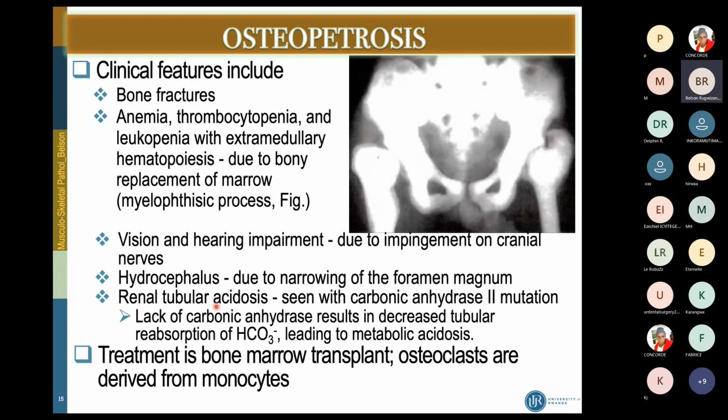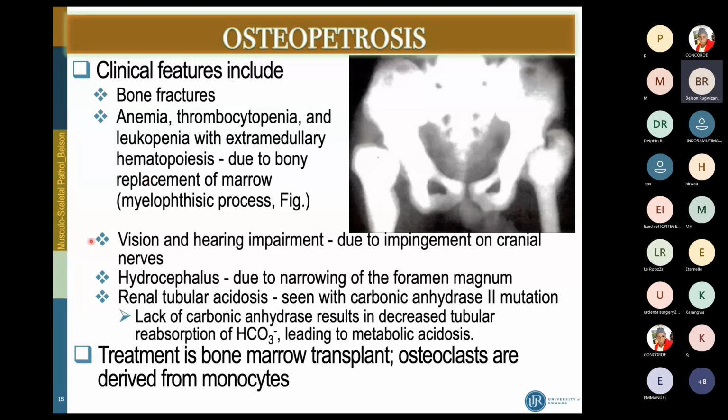Usually these patients, to survive, will need bone marrow transplantation. It means they need to get new hematopoietic stem cells for them to make new blood cells. Of course, here it will be just a mechanism to correct anemia, thrombocytopenia, and leukopenia.